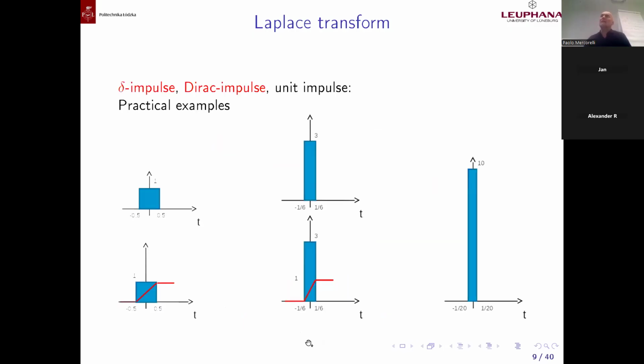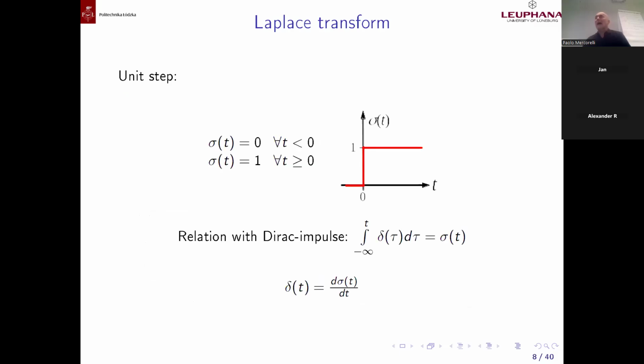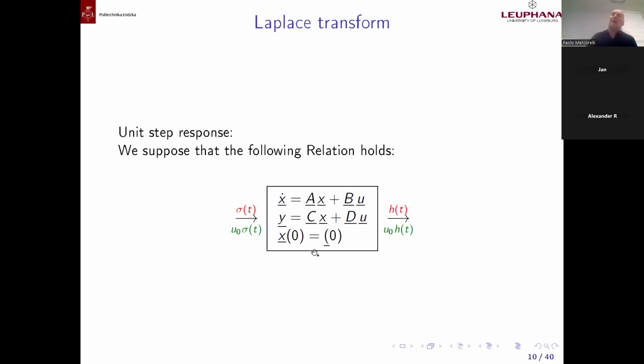Do you remember? We discussed a lot about the connection between the delta impulse and the sigma, which is defined here. And also in this sense, we can speak about the unit step response, or in general step response.